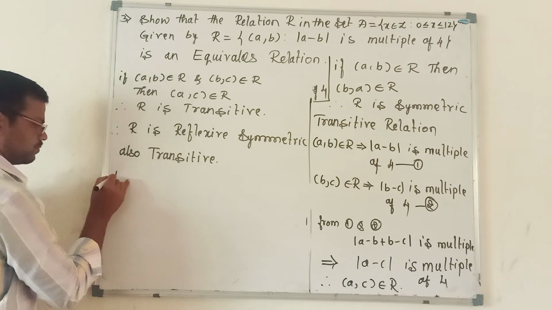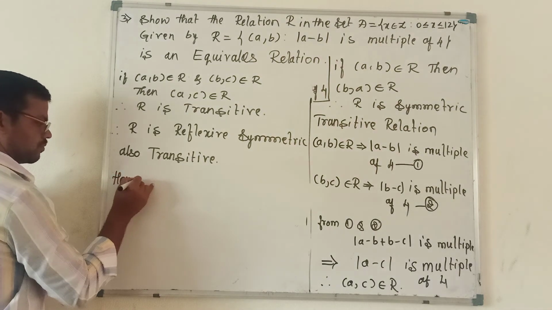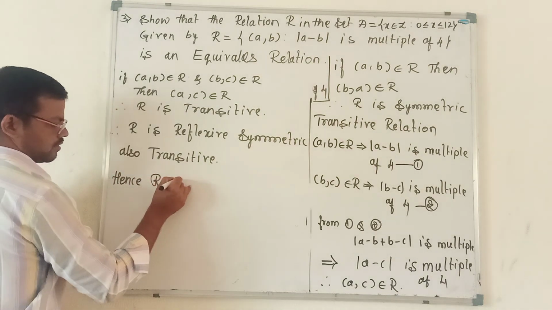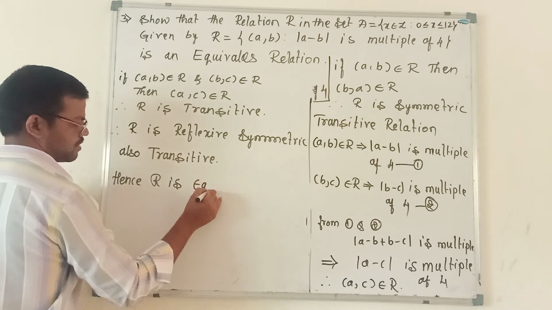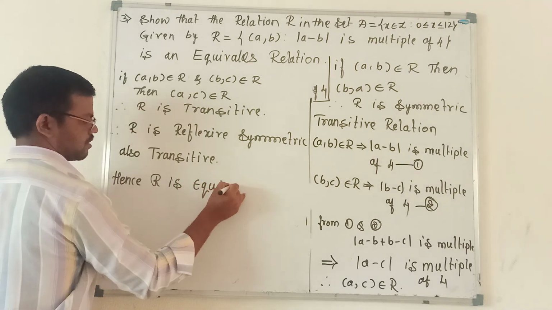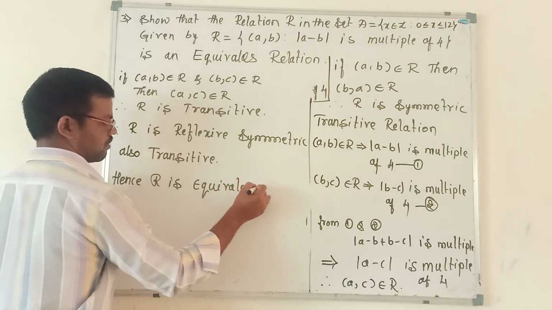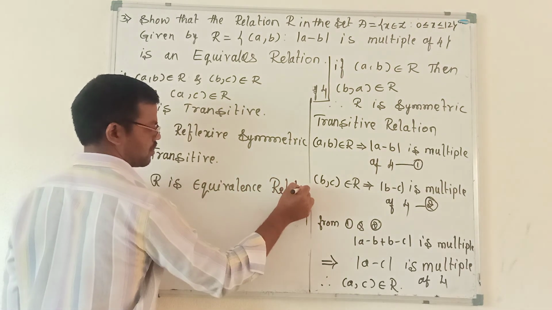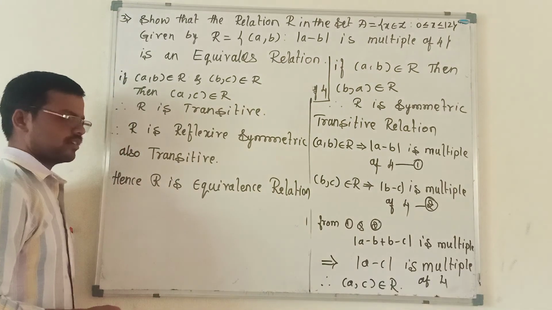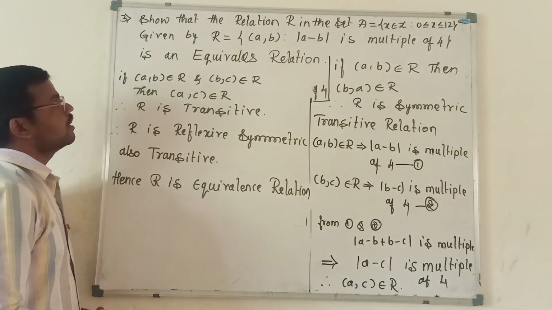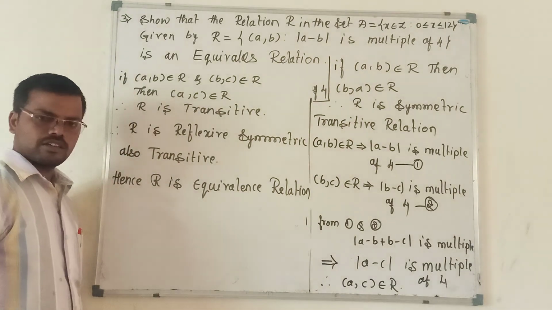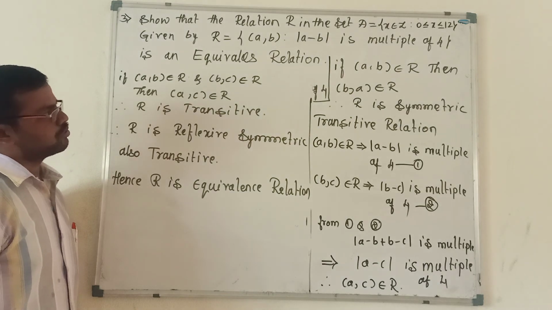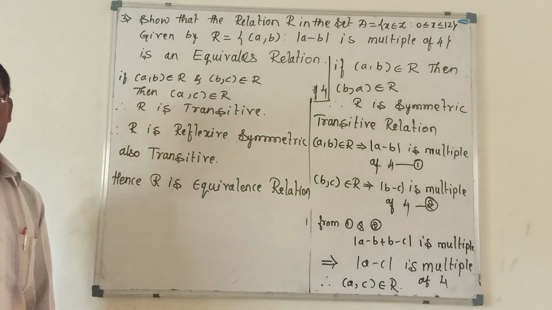Hence R is an equivalence relation. This completes the given example, in which we have shown that it is an equivalence relation.